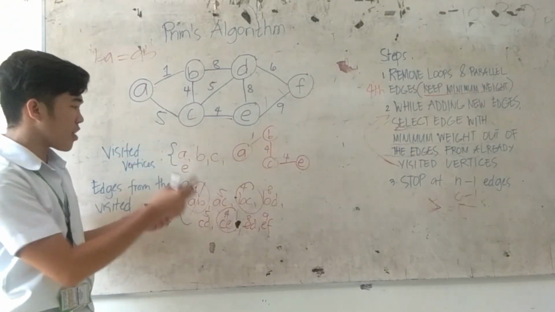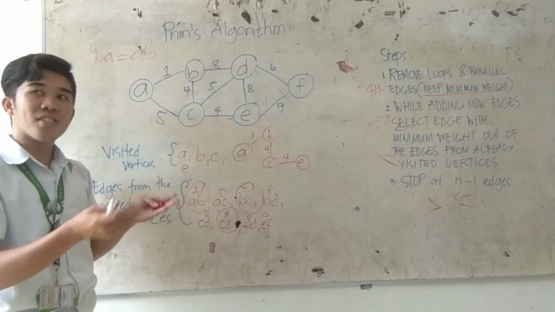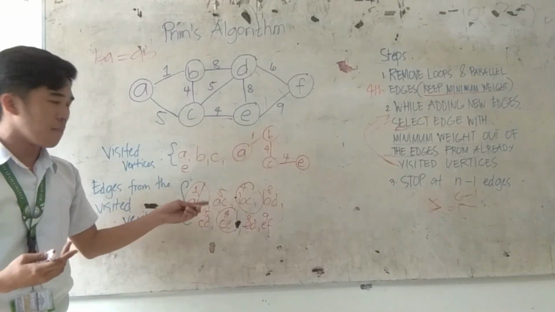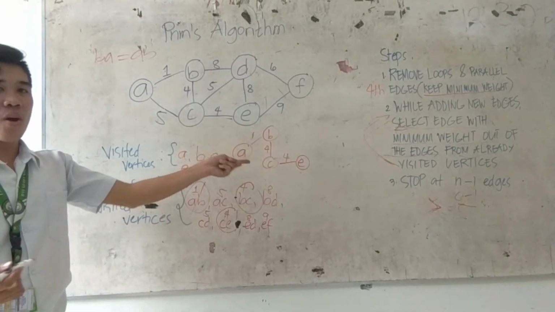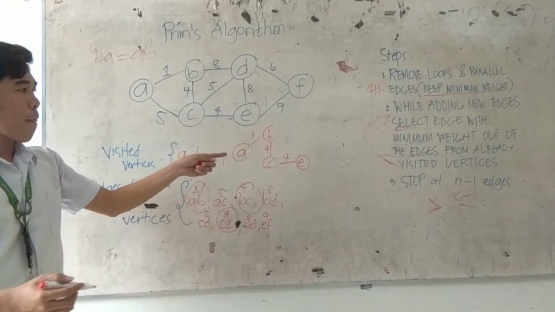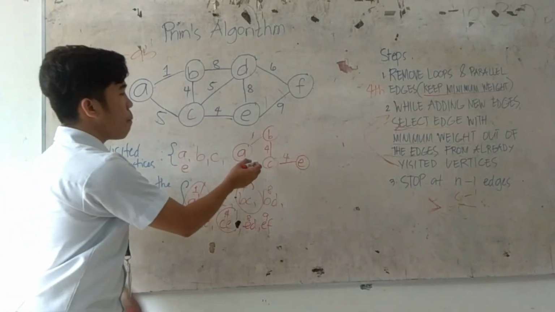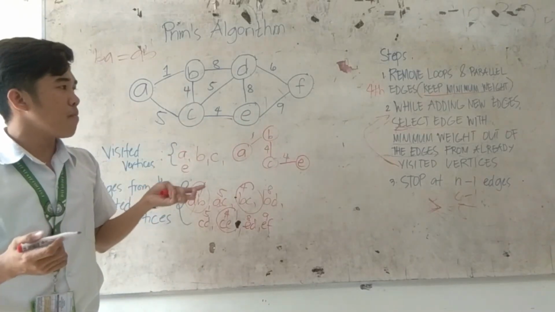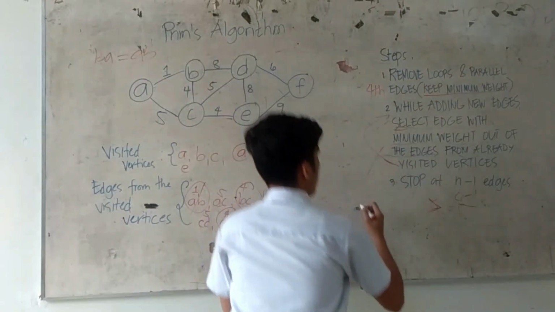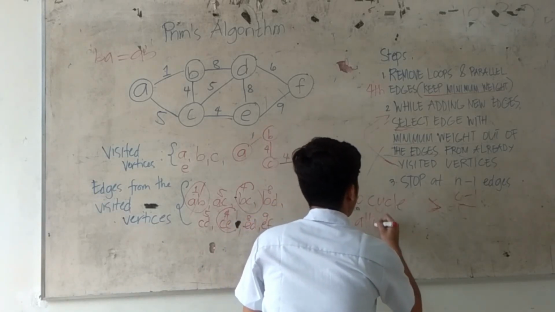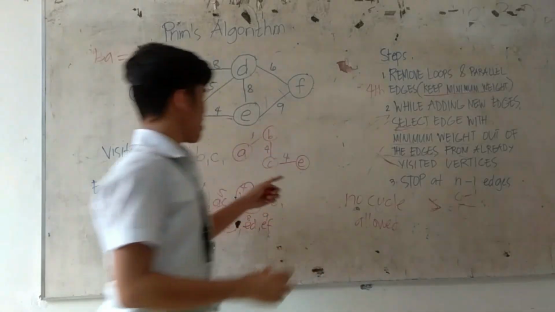So there are two edges that has the cost of 5, the AC and the CD. You can choose any of them when you write it to our spanning tree. So first I choose AC. But in this algorithm, no cycle is allowed.